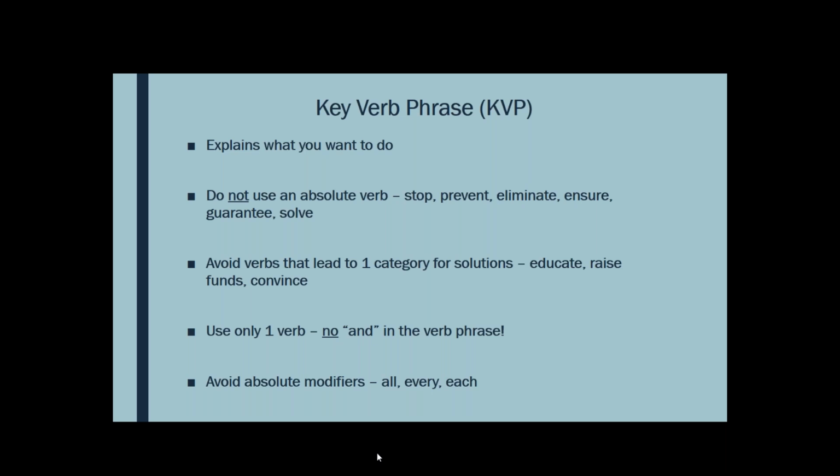So this evaluator evaluated all the solutions based on increase the equality and the status of men, which we didn't need to do in this situation. This was devastating for the team. Even though their second evaluator did not rule so harshly, they were knocked out of competition. So no ands when you are writing your key verb phrase, not even in the prepositional phrase.